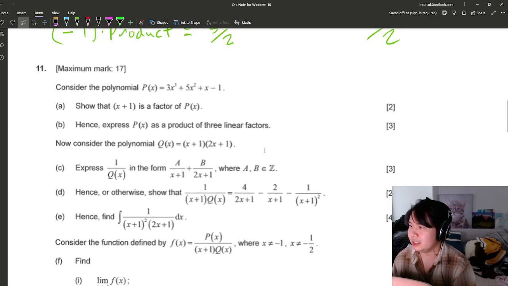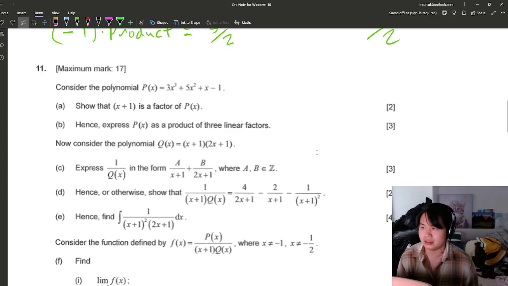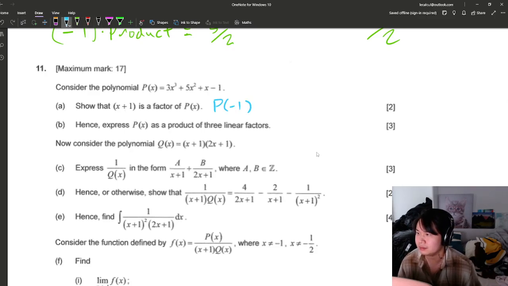Okay, next up, we have a polynomial. We need to show that x plus 1 is a factor. Okay, we can use our integral or integer root theorem or whatever you want to call it. So if I plug in -1, in case you forget, x minus a is a root if when you plug in a into the polynomial for x, you would get 0.